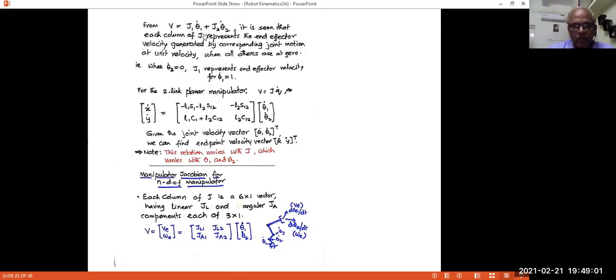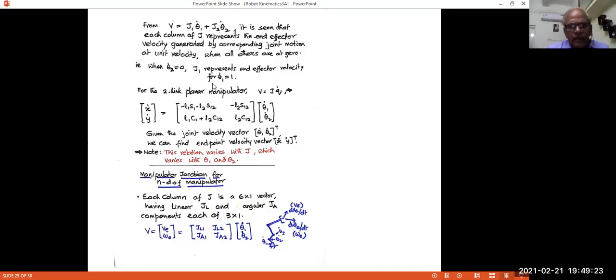Similarly, when theta 1 dot is equal to 0 and theta 2 dot is unity, velocity will be only equal to the second column. Therefore, the first column is influenced only by the first joint, the second column by the second joint, and so on. There will be as many columns as the degrees of freedom.